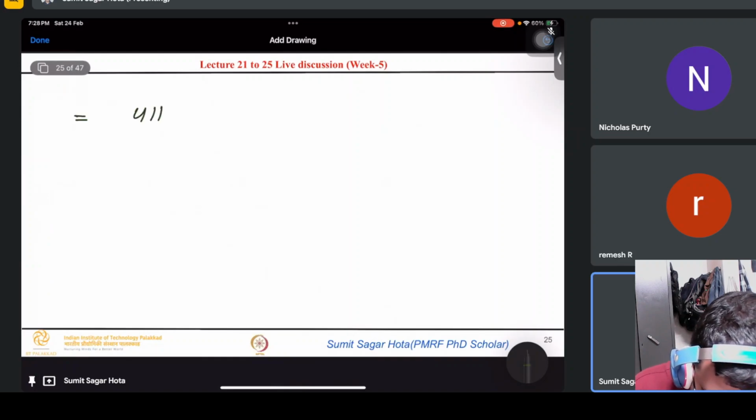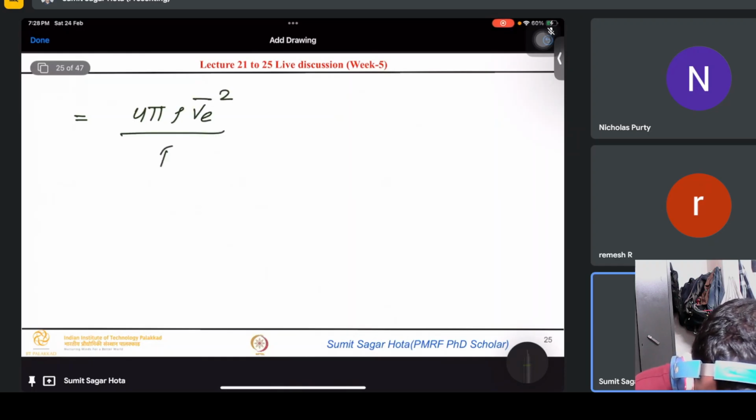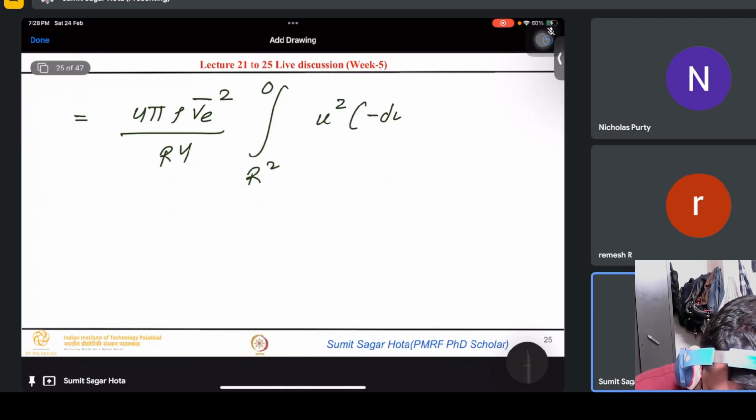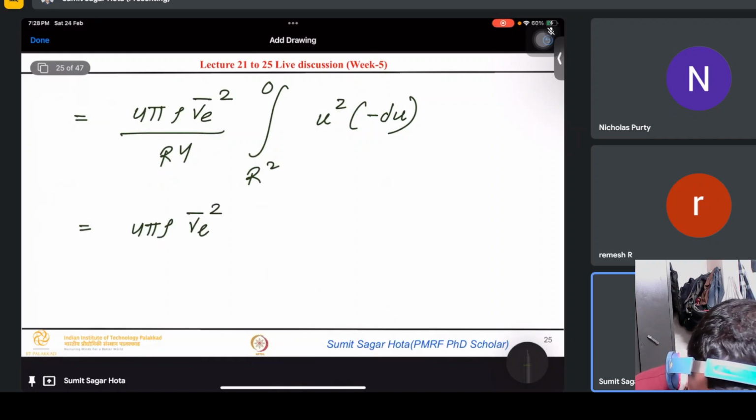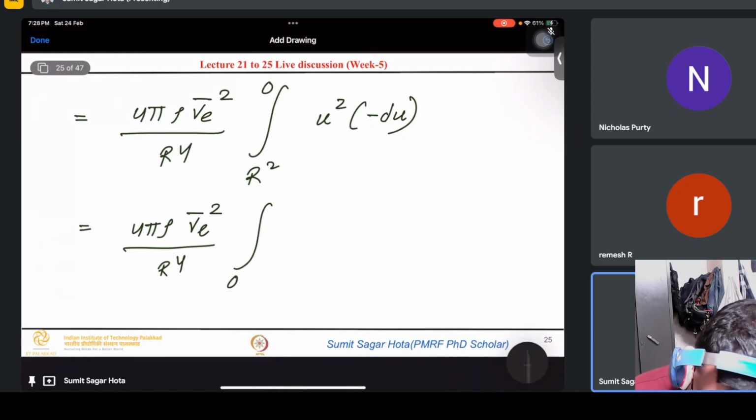Change everything. 4 pi rho v square by r to the power 4, from R square to 0. Change the limit because of the negative sign; we can have the power to change the limit.